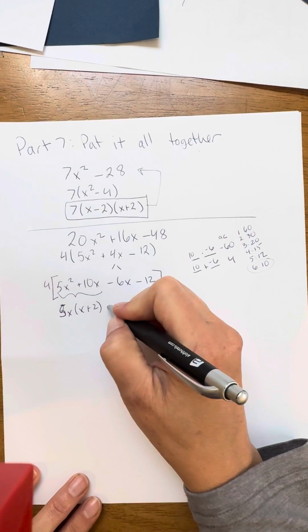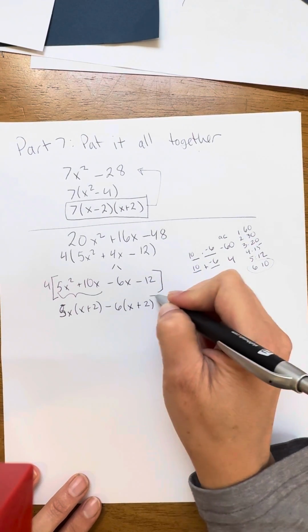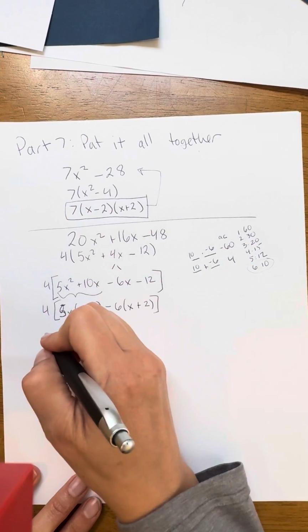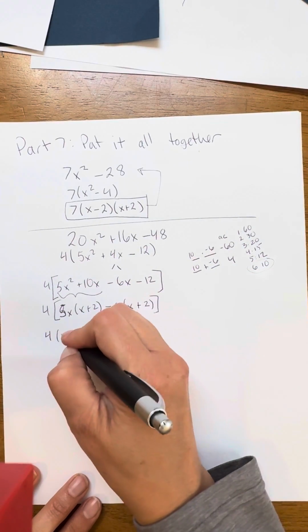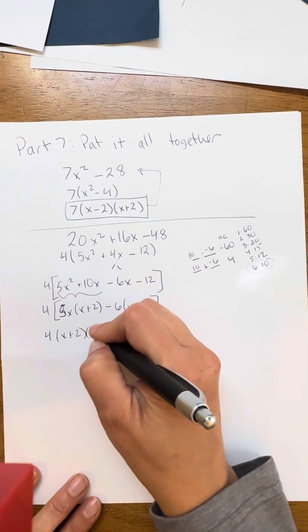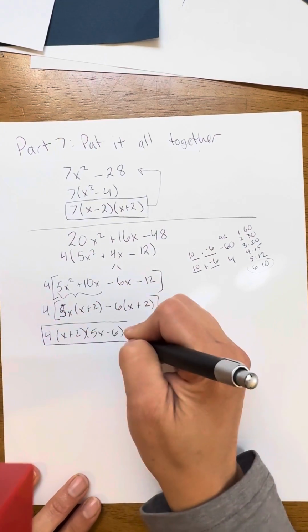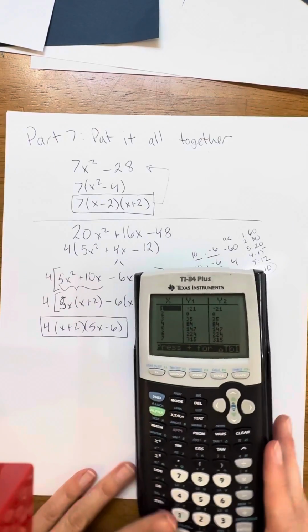From the second 2 terms, I could take out a negative 6 and also be left with x plus 2. I have to keep bringing this 4 down because it is a factor. Okay, I have the 4. I can pull the x plus 2 out. And then I have 5x minus 6. This is what I believe to be the completely factored version of my original expression, but let me check it.